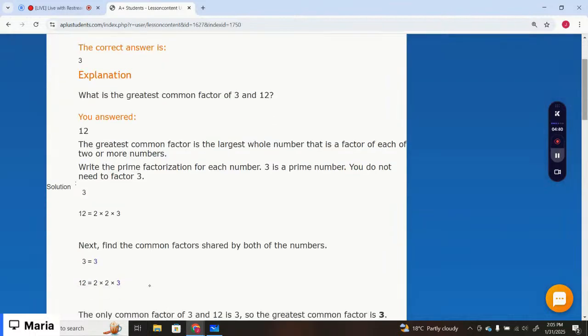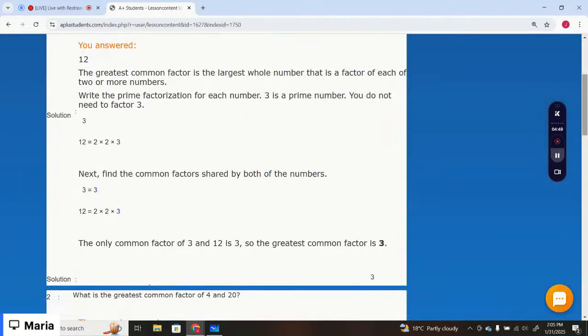The prime factors of 12 are 2 times 2 times 3. The prime factor of 3 is 3. The only common factor of 3 and 12 is 3. So the greatest common factor is 3.